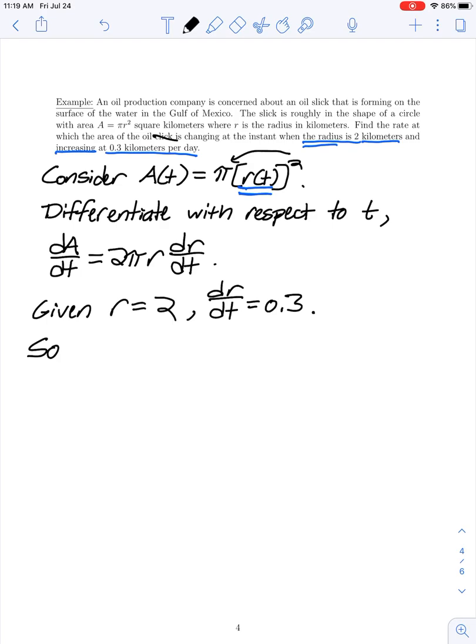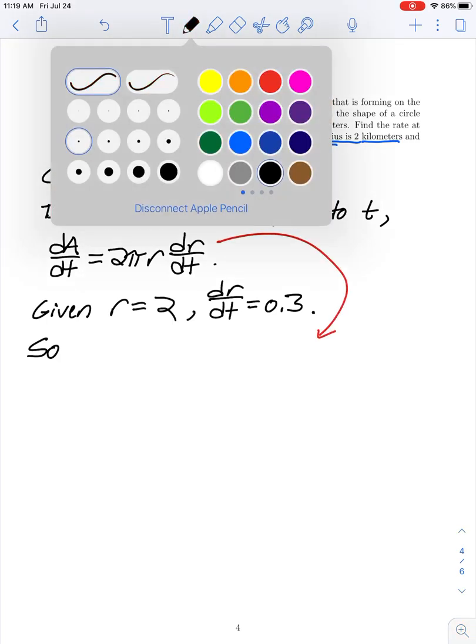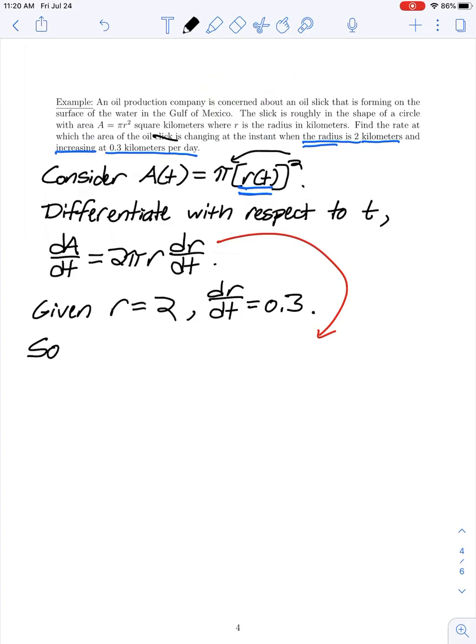So taking that information and substituting into our equation from the previous line, we have the derivative of area with respect to t is 2 pi times r, which was 2, times the derivative of r with respect to t, which was a positive 0.3, since we were told the radius was increasing.